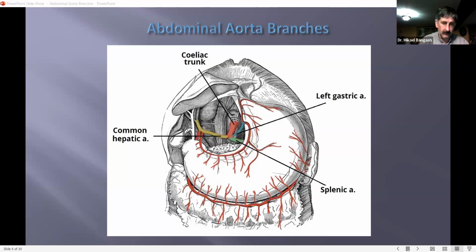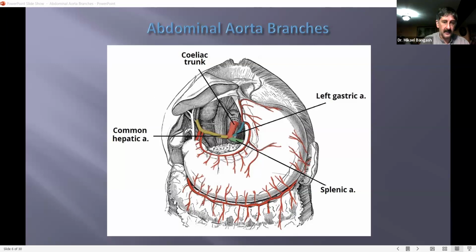This one here, or what we see of it, is your gastroduodenal artery, which down here is going to give off the right gastroepiploic artery. That's going to meet the left gastroepiploic artery along the greater curvature.